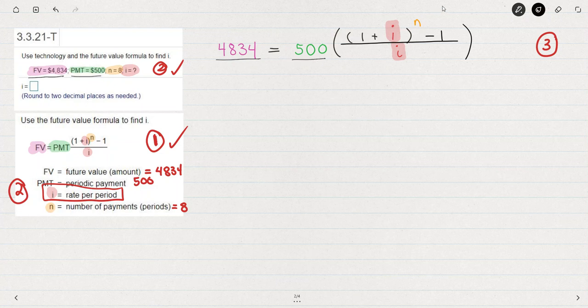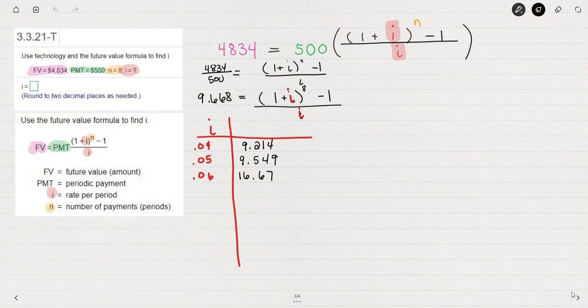And then the N, I didn't replace that one, but the N we could replace with 8. And then we see that the only value left, the only variable left, is the I, the interest rate. So it would look like this, and pardon me for not putting that 8 in there.